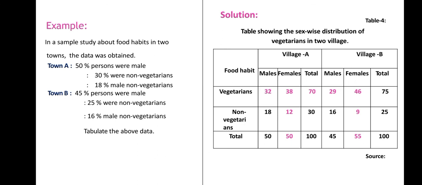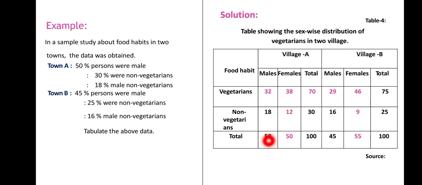After that we will prepare the table. Here we have the food habits, that is vegetarians, non-vegetarians and total. On the other side we have village A and village B. Under village A, males, females, total. Under village B, again males, females and total. So under village A, 50% were male, so under males we write the total as 50.